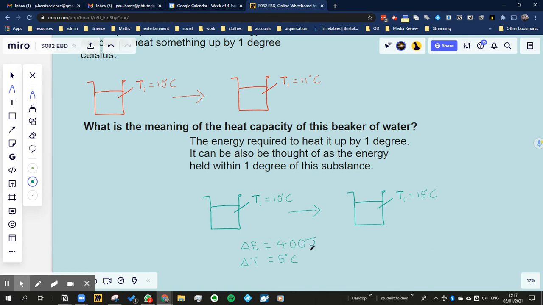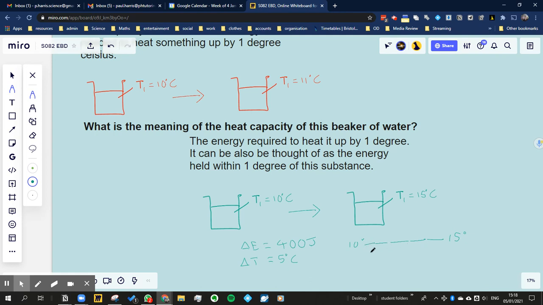If it took 400 joules to heat up by 5 degrees, how did it get there? Remember, it was at 10 degrees, and it went all the way to 15 degrees. I gave it a little bit of energy, and then it was at 11. Gave it a little bit more energy, it got to 12. A little bit more, it got to 13, 14, 15, right? So the total amount of energy was 400.